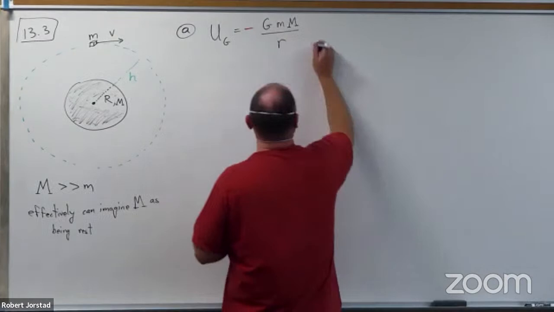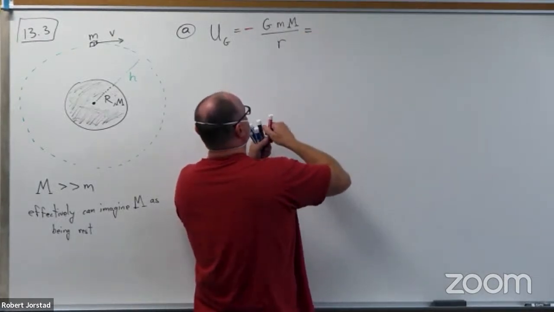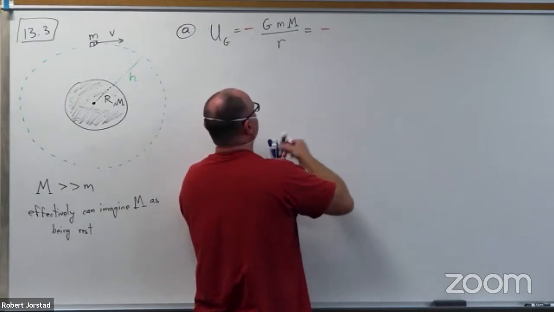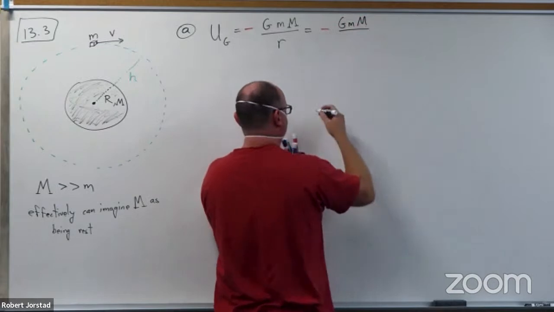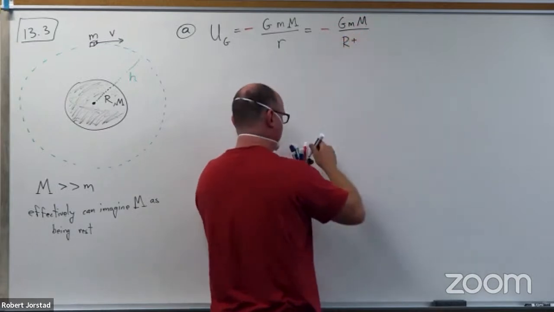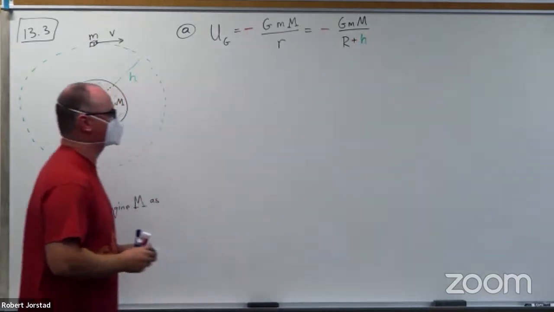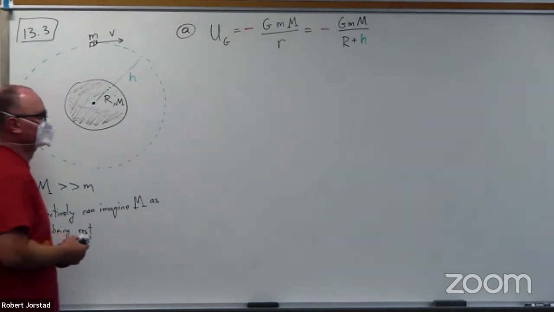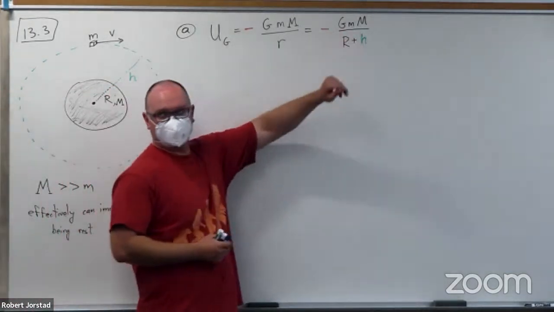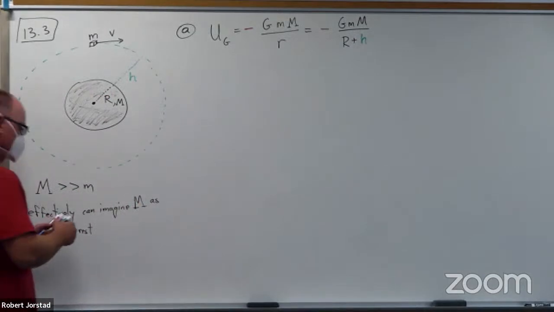Now in this case, we need to use the altitude, just like before. And that's the formula. Just keep that in mind. That's our reference energy. As the altitude goes up, the energy goes more positive, or less negative, or closer to zero.